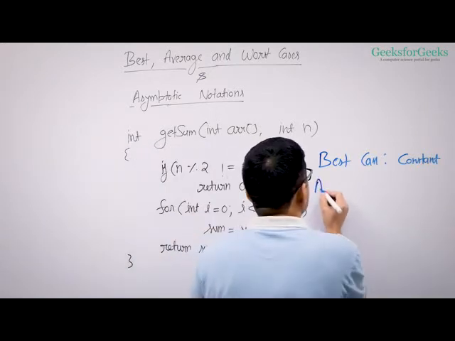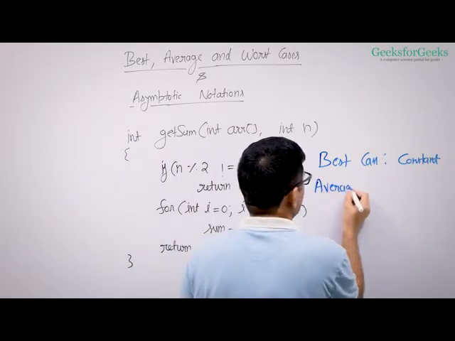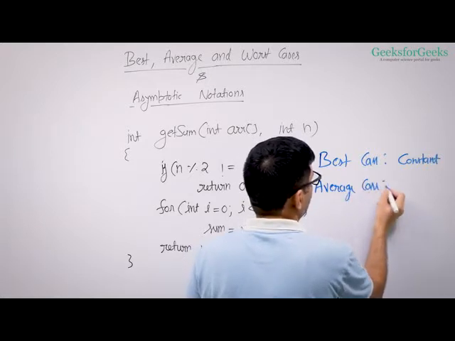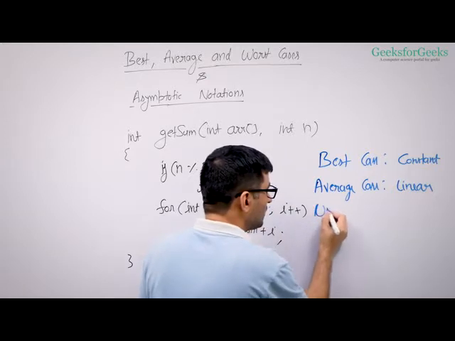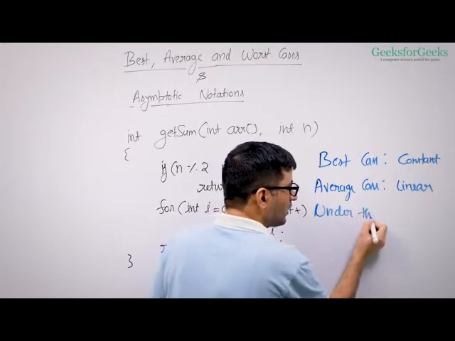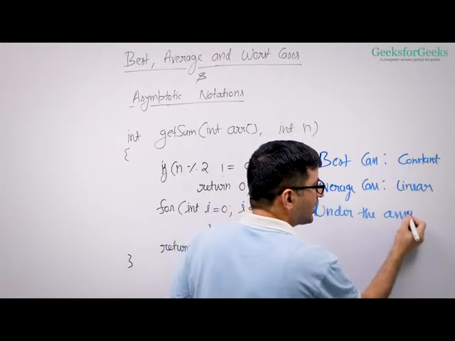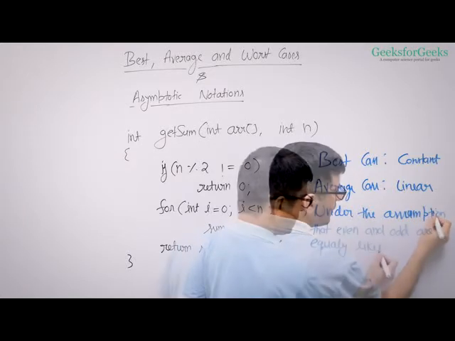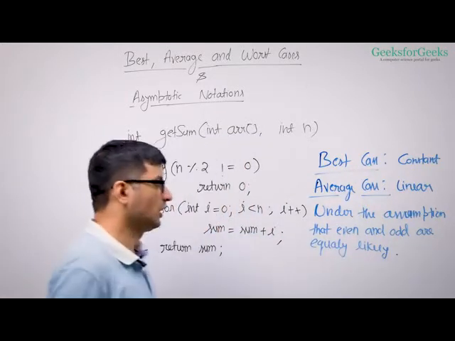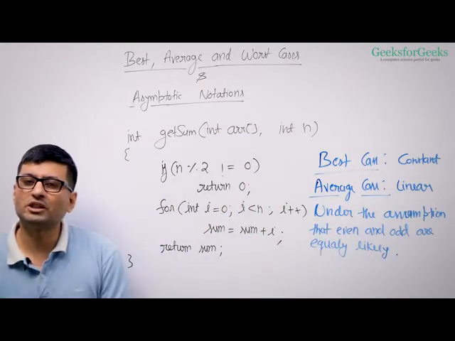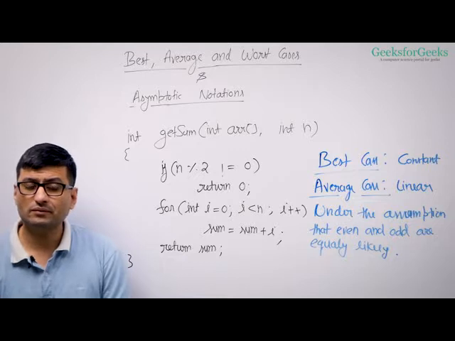So average case is linear under the assumption that even and odd are equally likely. So that's the average case. Now worst case. What is the worst case time complexity of this function?